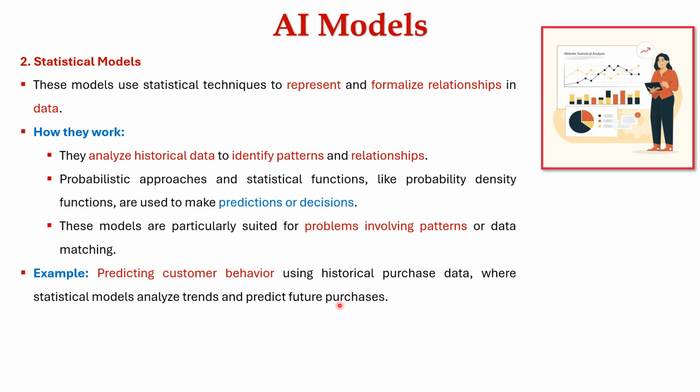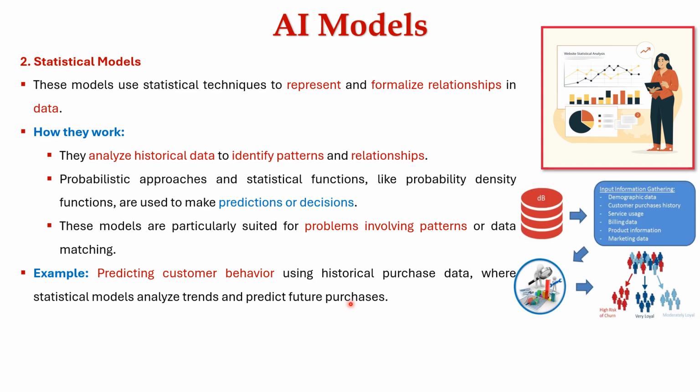So this diagram illustrates the customer loyalty analysis process where the data is collected from various sources, namely demographic data, purchase history, service usage, billing data, etc. It is analyzed and then used to categorize the customer into different loyalty levels, identifying those at high risk of churn.